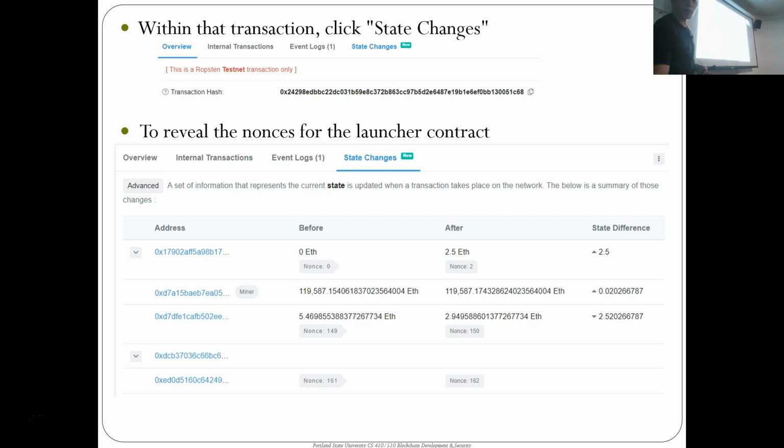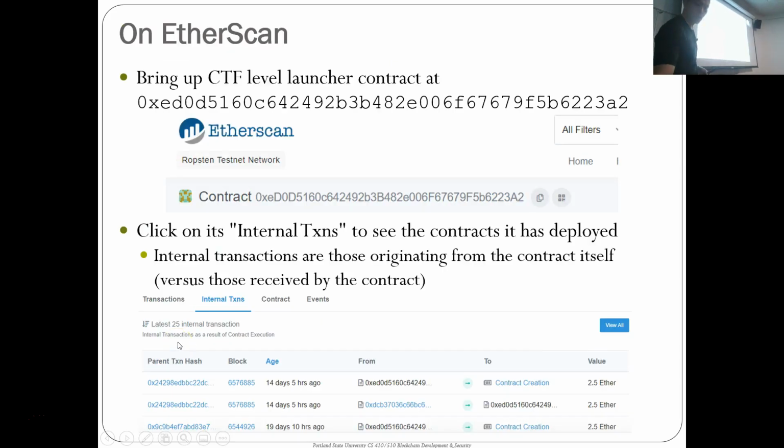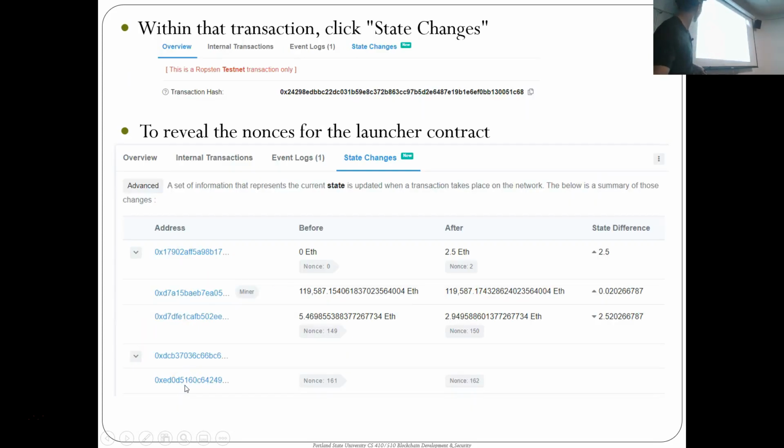If you go to state changes, you can see the state of this particular contract, the launcher contract, went from 161 to 162. So now you know that the nonce for the next rainy day level fund will be 162. And then you can predict it.